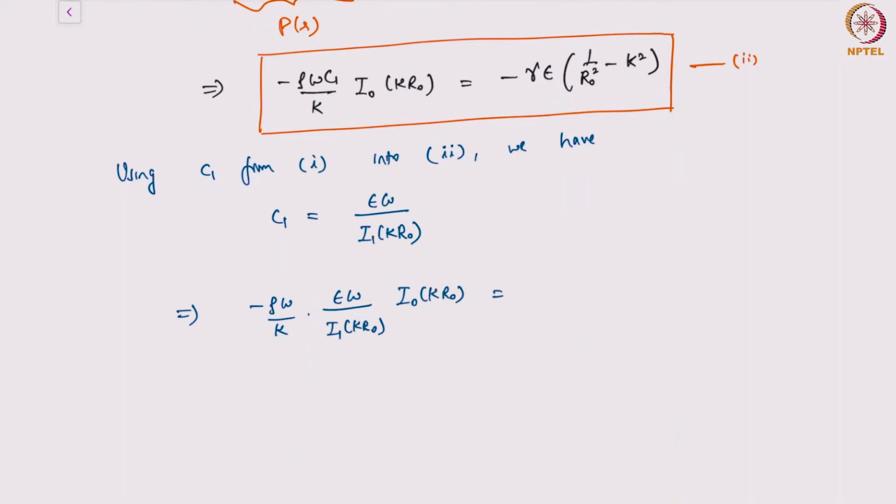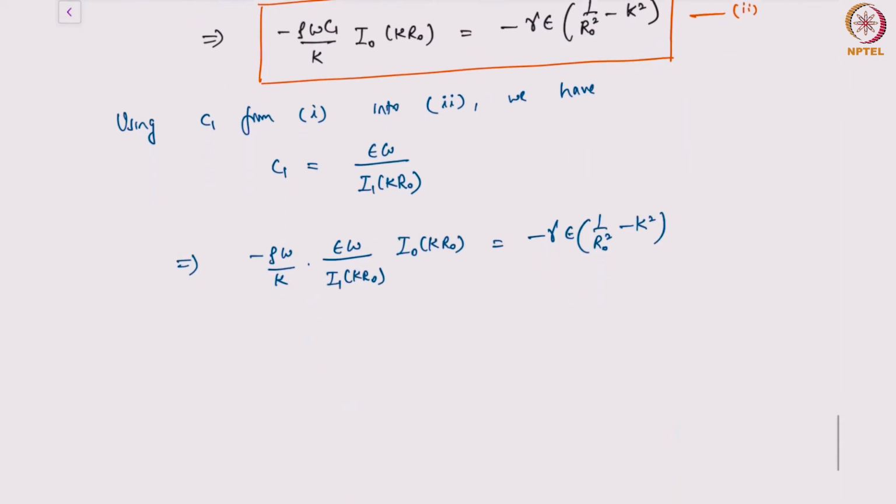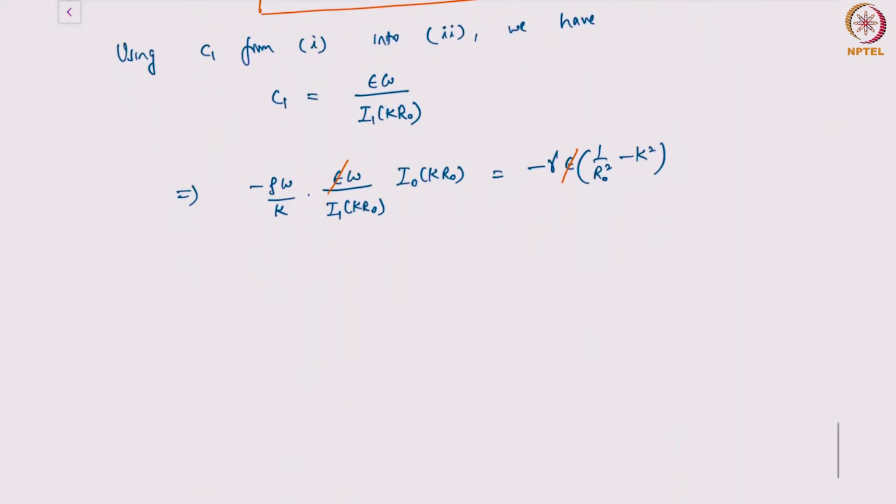This is equal to minus gamma epsilon times 1 by r naught square minus k square. Right? So again, epsilon is the amplitude. It does not matter. It should not matter because ultimately we are dealing with a linear system. So the amplitude is arbitrary, and hence now I can put everything together and simplify.